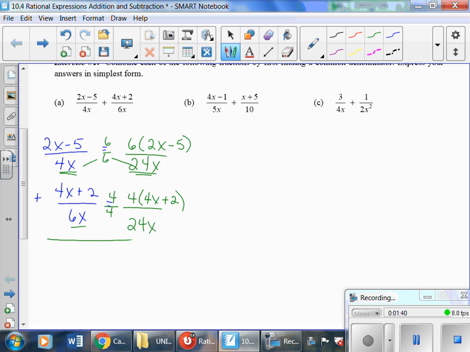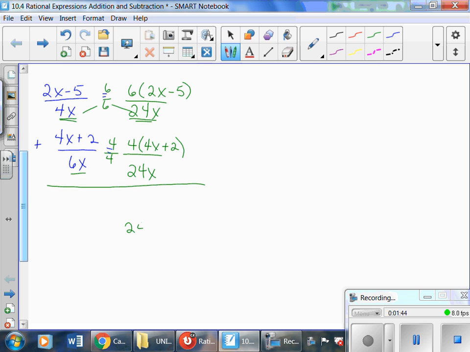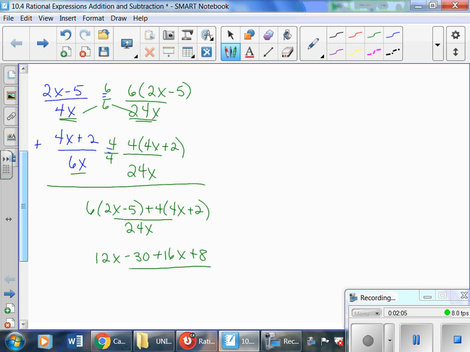So now when I add this, I'm really just adding my right side now. My common denominator is 24x, and my numerator is 6 times 2x minus 5 plus 4 times 4x plus 2. And now we're just going to simplify by distributing. So we get 12x minus 30 plus 16x plus 8 over 24x. Now we're going to combine like terms.